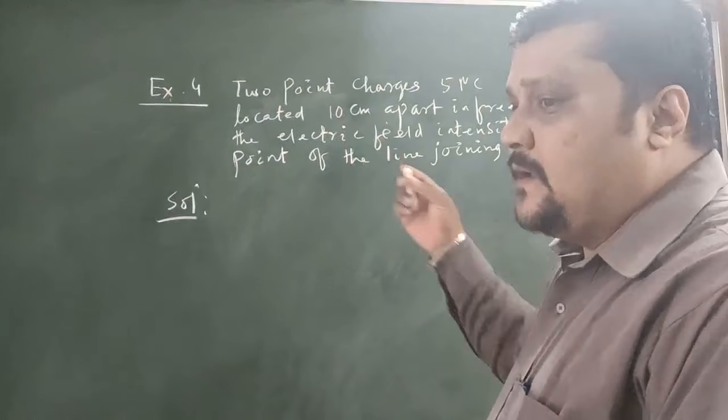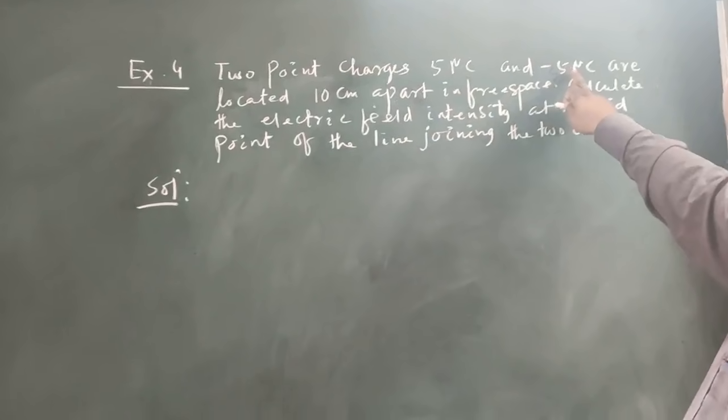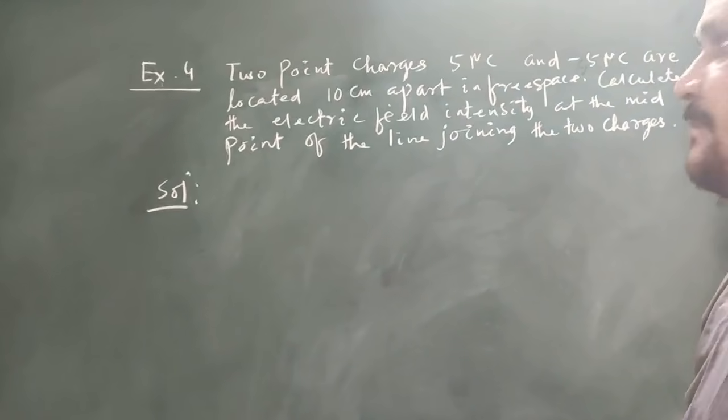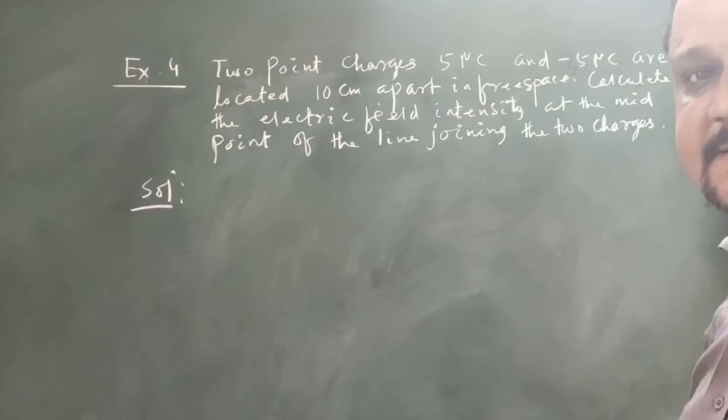Question number 4. Two point charges, 5 microcoulomb and minus 5 microcoulomb, are located 10 cm apart in free space. Let me draw that.